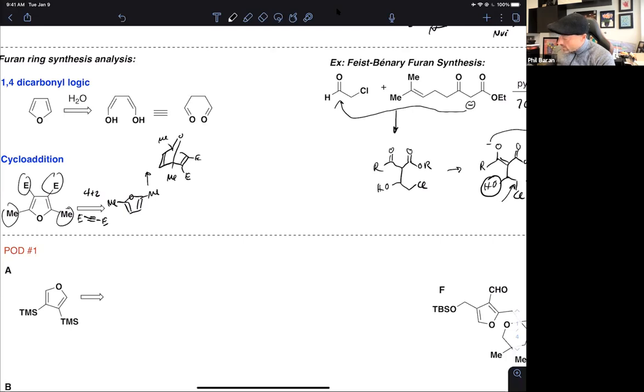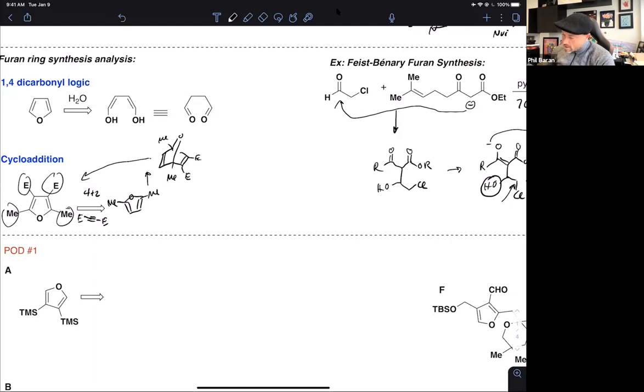You can get a retro Diels-Alder to either give back the starting material or drive off acetylene to give the desired product. And you can do that at a high temperature and remove the gas, and that will drive you to the product.